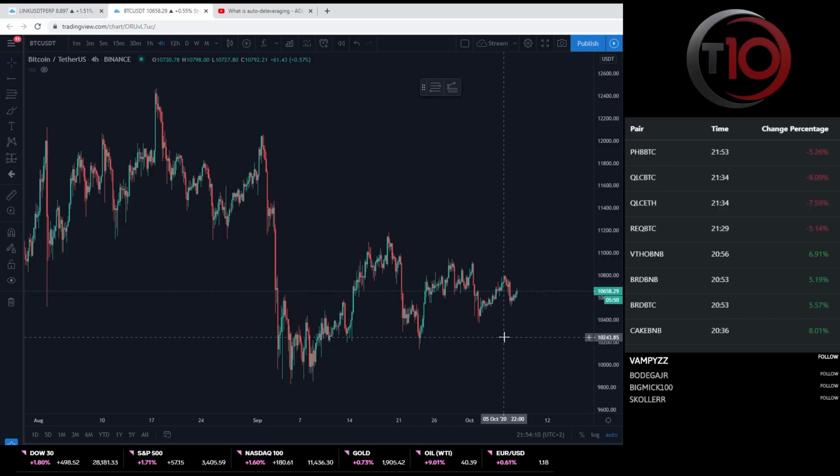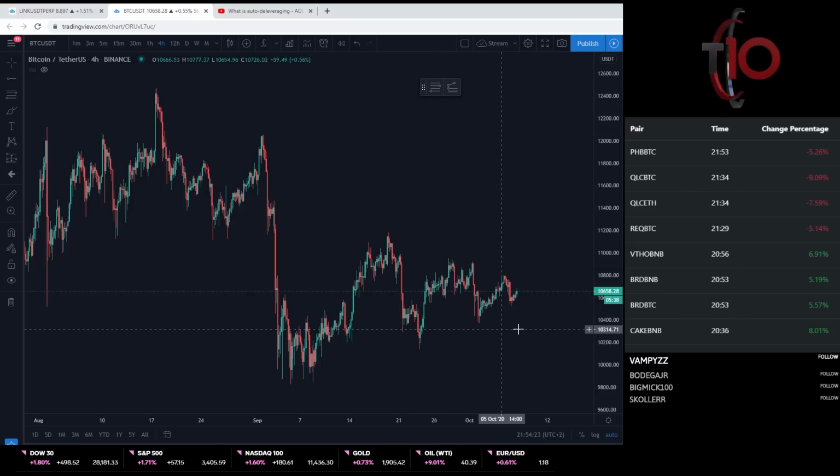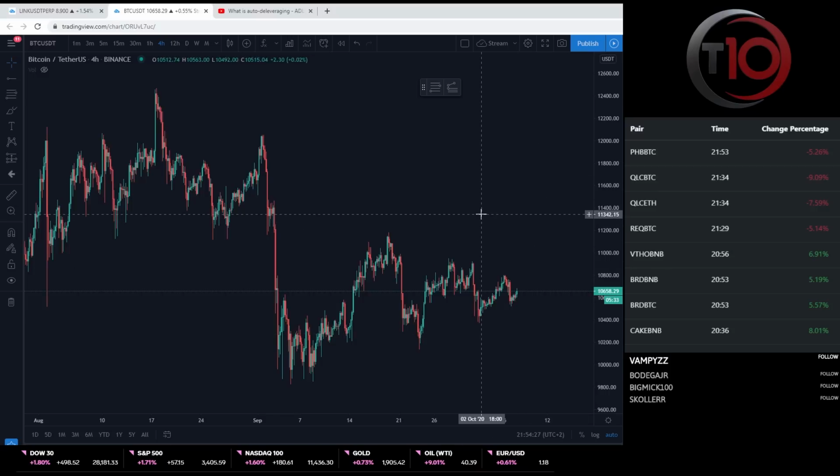I'm more expecting, let's just call it a fake out. It's not a fake out, but you know what I mean. Either a small move down for some liquidity and then move up, or testing the top of the zone in BitMEX.